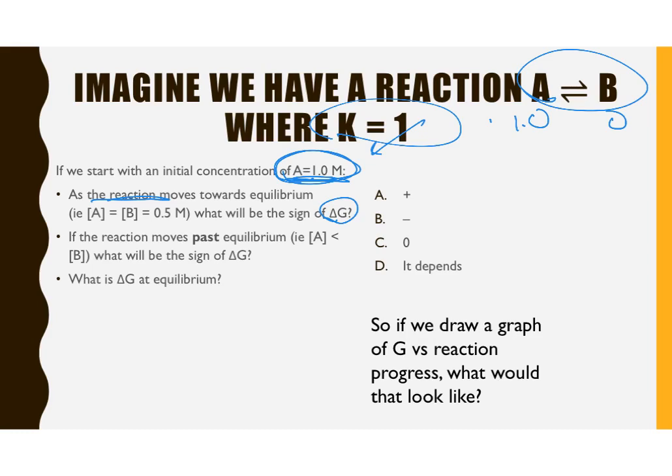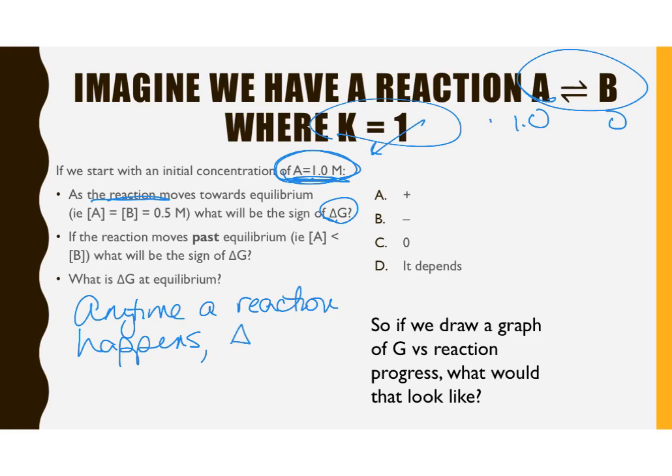It's really important. And that is anytime a reaction happens, delta G under the situations that are present is negative. So anytime something happens, delta G is negative.